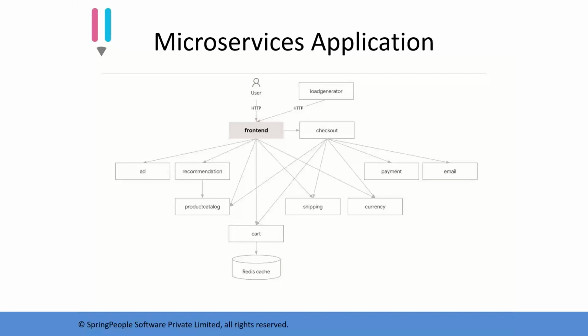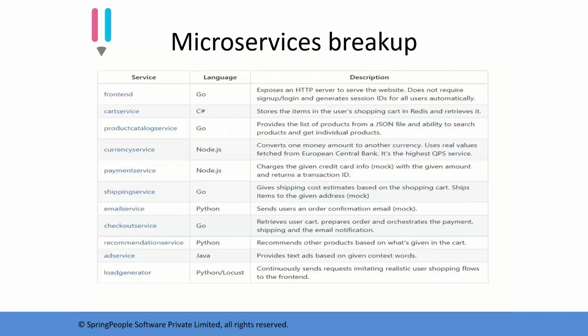In the example on the screen, we have taken the microservices demo, which is a very famous demo of an online boutique store, where we have many smaller application chunks, each deployed as its own container. To give you more clarity on the breakup of different services, we have a front-end app which is exposed on a server to our end users, maybe built using Golang, running as its own container.